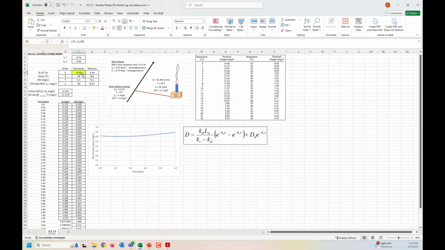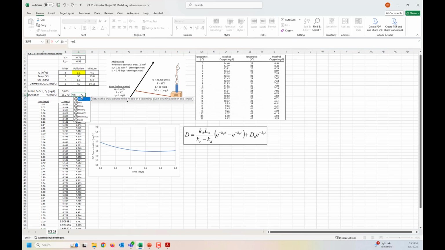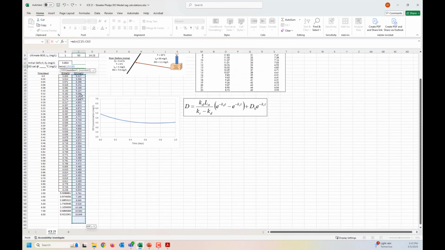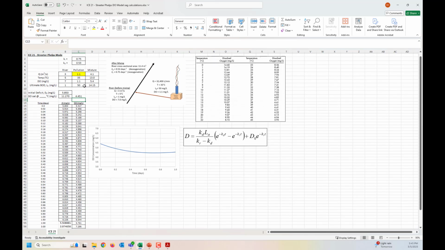So if I gave it 1 cubic meter per second of pollution, you see now there's a lot worse dissolved oxygen because there's more BOD in the mixture. So what about 1.1? Okay, let me do this, equals MIN, and that's going to return the minimum value of this whole range. Okay, so it's easier to see.